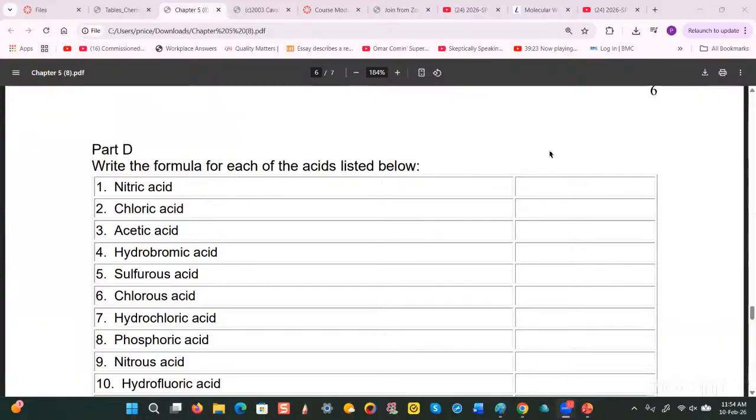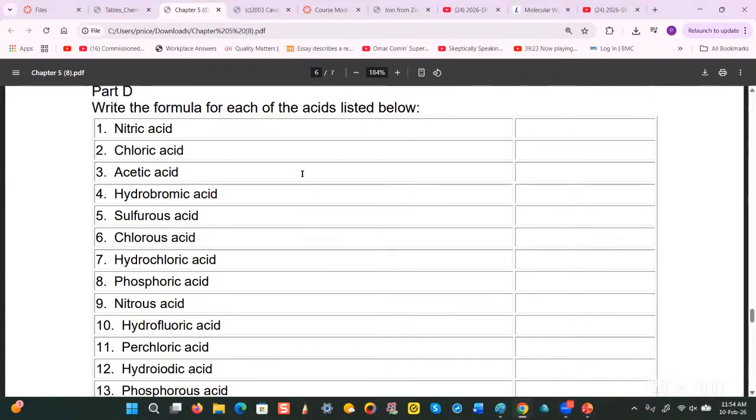let's see if we can write down the formulas for the first couple of these. So what would be the formula for nitric acid? HNO3. HNO3 is indeed correct. What's the formula for chloric acid? Now remember, you have to go to the table and look up the formula for the chlorate ion, right?